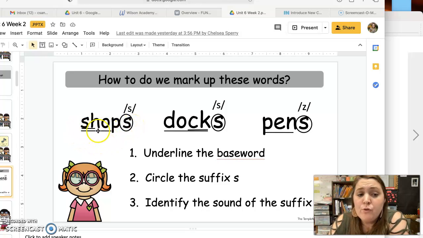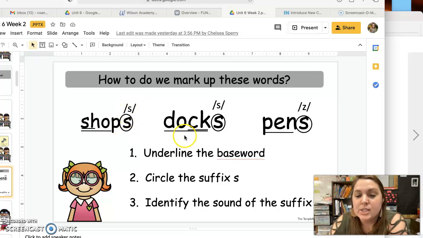Okay? For shop, they said, hey, SH is a what? A digraph. So they went ahead and underlined their digraph. Then they underlined the base word. What is their base word? Shop. Very good. And they circled their S because it's a suffix, right? And they put their lines in the S because this S says the S sound.